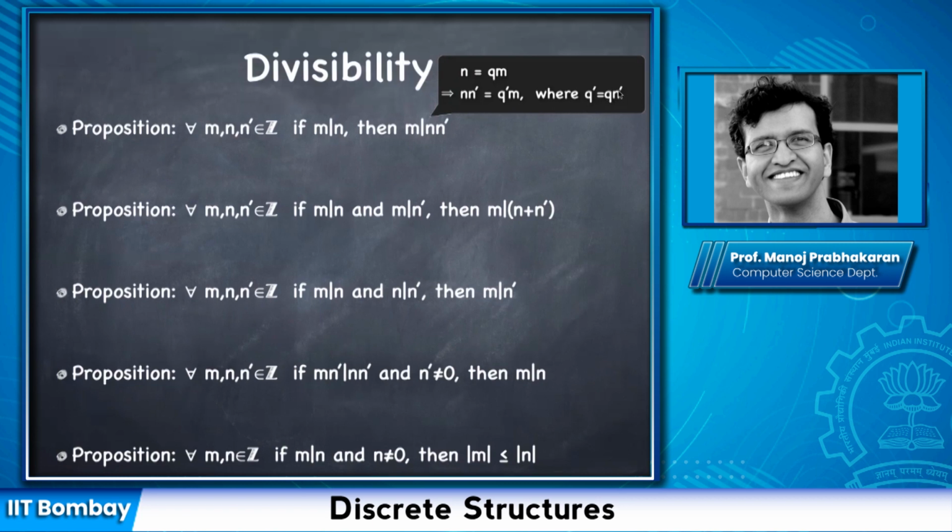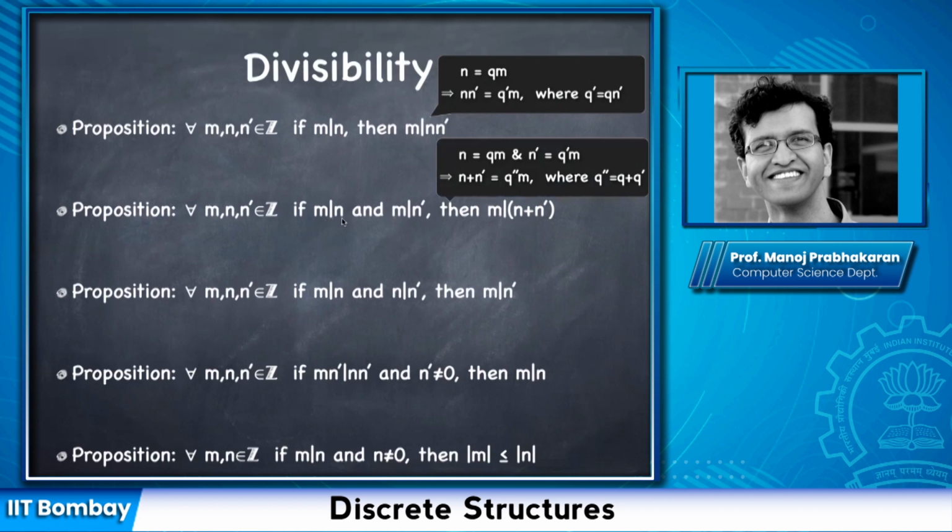If I call q times n prime, q prime, which is another integer, I have n times n prime equals q prime times m. So this is by definition m divides n times n prime.